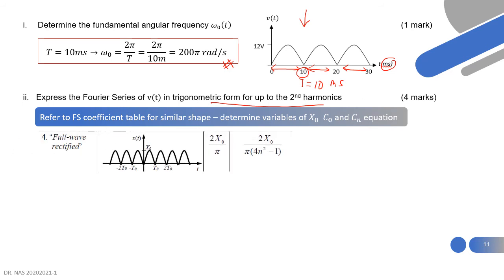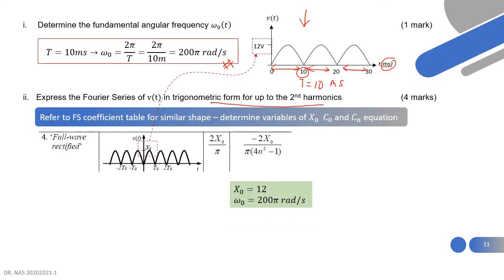So this is the closest shape. Again, as in the earlier example, it is a full wave rectified signal. So you can get the x0 and t0 values straight away by comparing the given signal and the signal in the table. So in this case, your x0 equal to 12 volt, and then your t0 is equal to 10 millisecond.